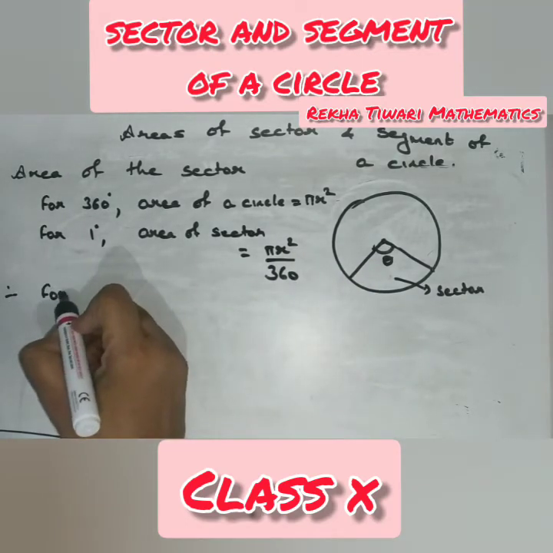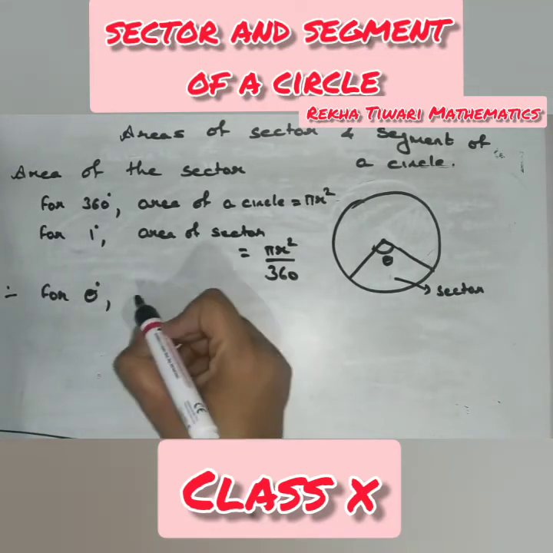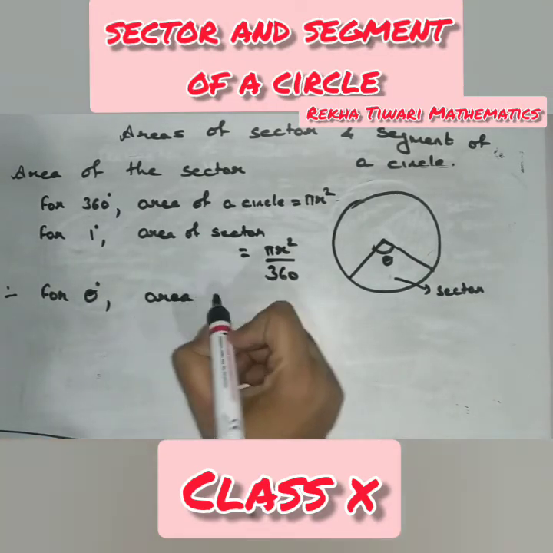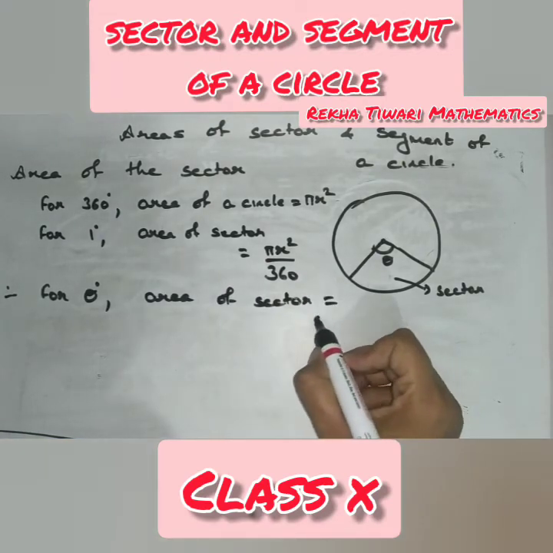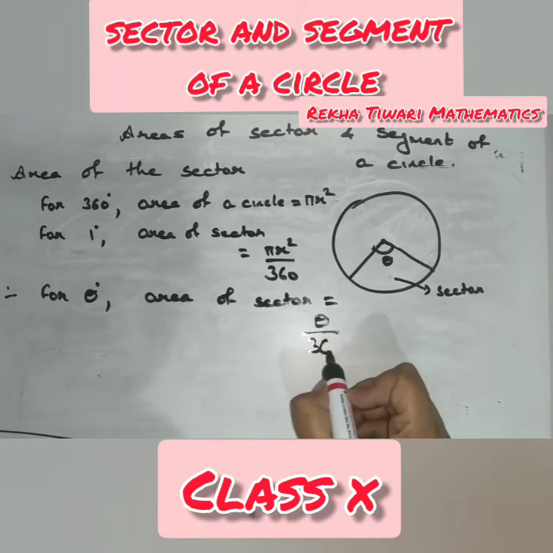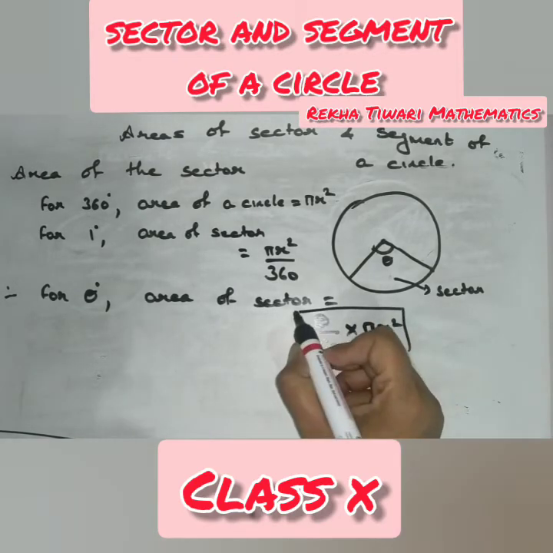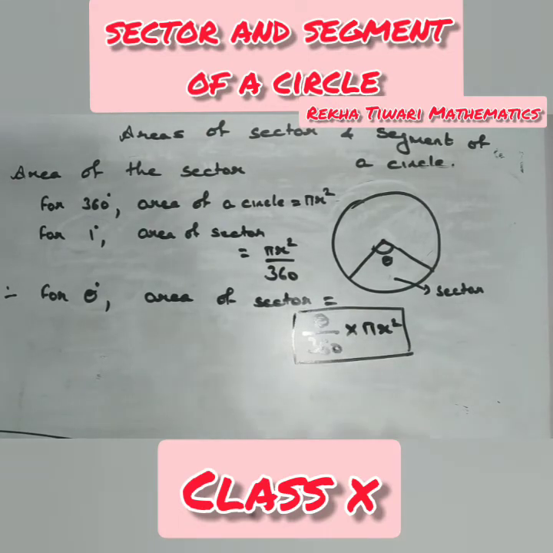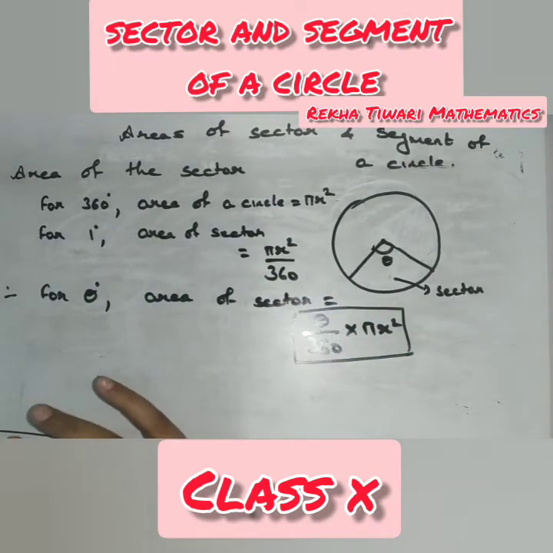Therefore, for theta degree, which is required, area of sector is equal to theta upon 360 into pi r square, where r is the radius and theta is the angle between two radii. So this is the formula for area of sector. Theta by 360 into pi r square.